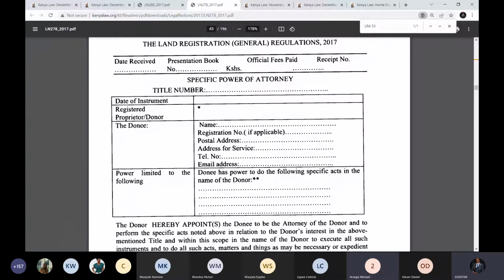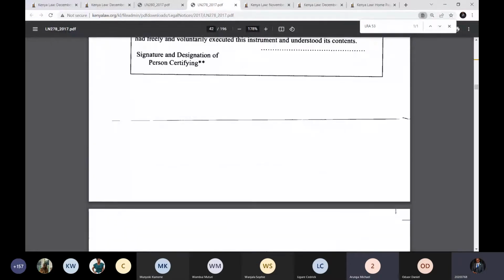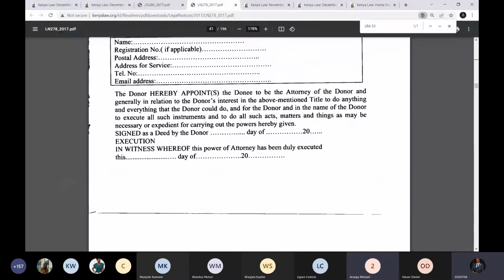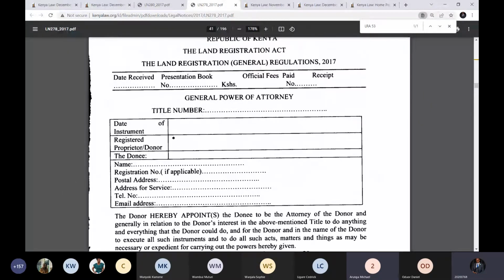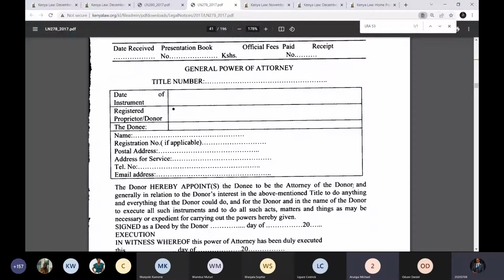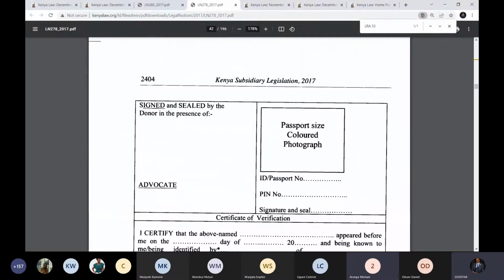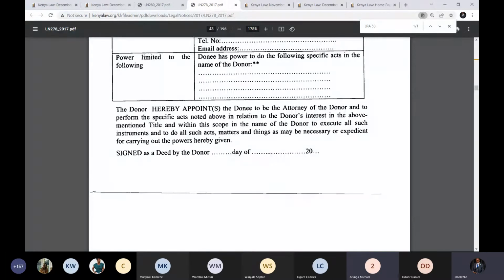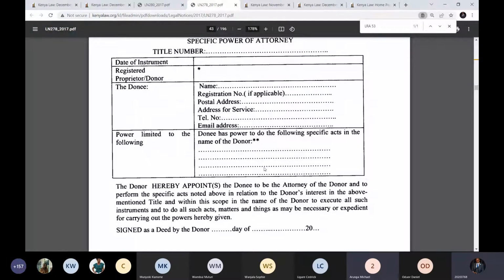This person can do anything and everything as attorney of the donor. LRA 6 is to do the following, limited to the specific acts. And for the irrevocable, the reason it's irrevocable is the element of consideration. I think we're done with question number 2.